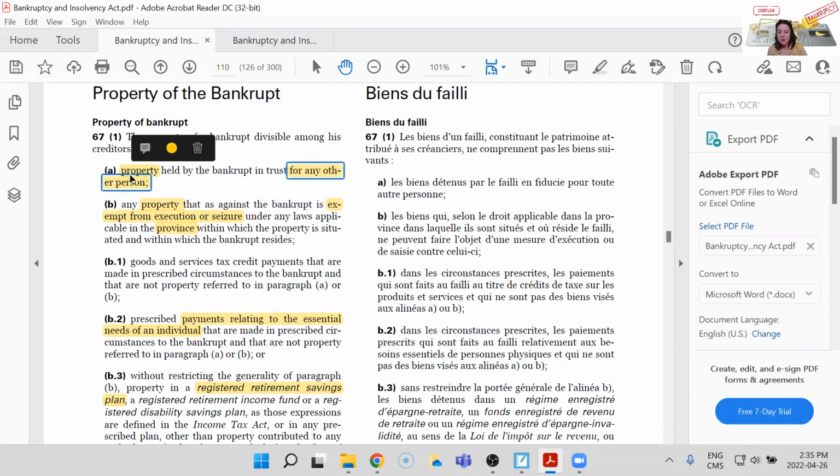Many things. It says here, property held by the bankrupt in trust for any other person. Let's say after this semester, you decide to go on a trip for 3 months. You say, you know what, I don't want to leave my car at my house for 3 months. So you ask me, could you take my car, drive it, keep it, start it once a week, and just make sure everything is okay. No problem.